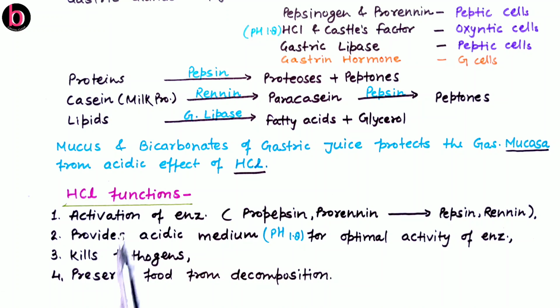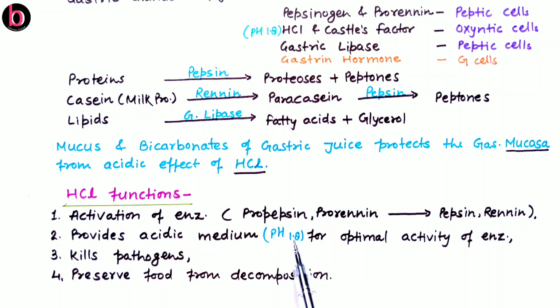Now about the functions of HCl. These are a few functions. First, it causes activation of enzymes, as we discussed, secreted by chief peptic or zymogen cells of the stomach. There is secretion of propepsin and prorenin, and these two get converted into pepsin and renin. Then they will be the functional ones. HCl also provides an acidic medium.